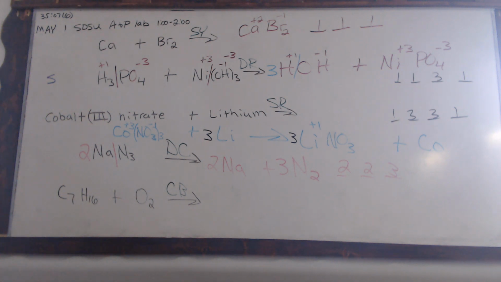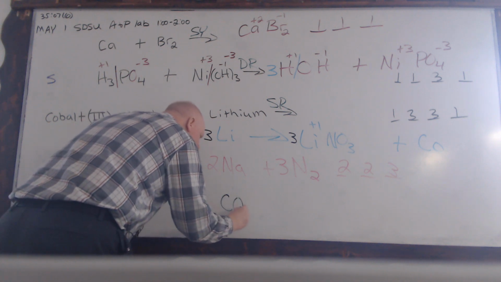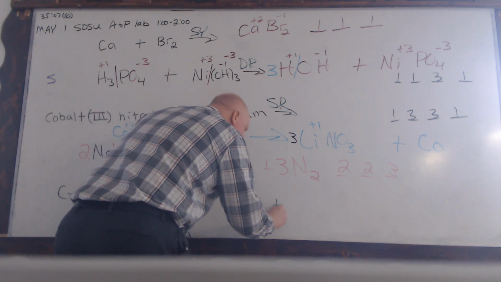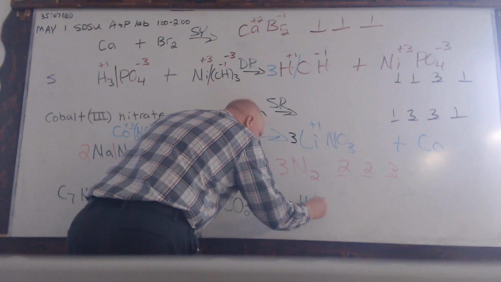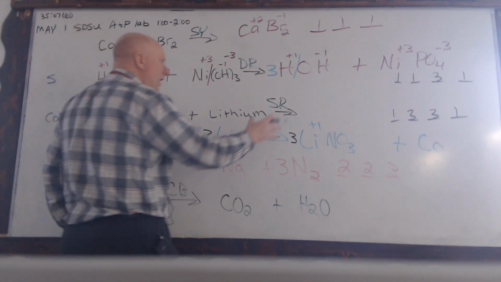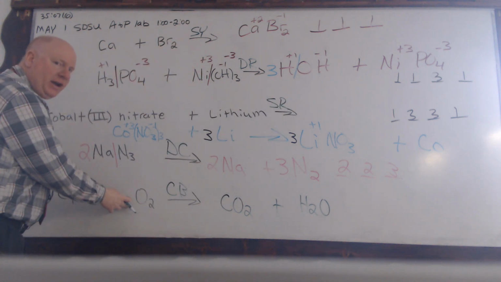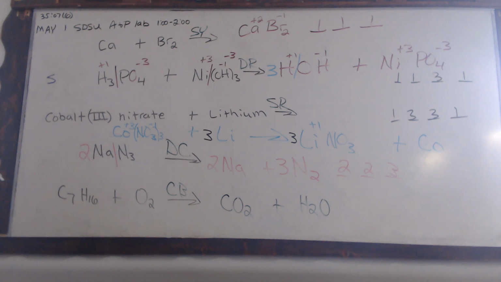Okay, so we've got carbon dioxide and H2O. Now, it doesn't do you any good to write it as HOH like we did up here, because we don't have a hydroxide ion over here, so that will not help us out.